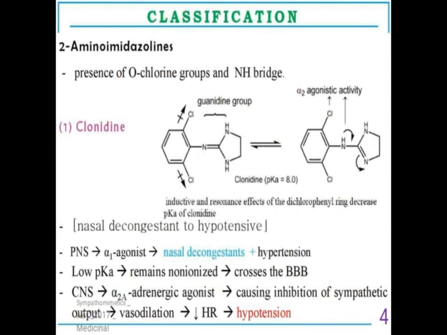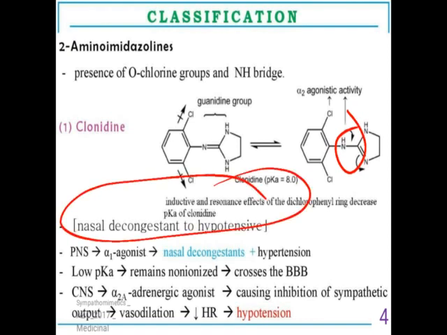Then 2-amino imidazoline. Here you can find clonidine. Clonidine consists of an amine group, so it has more alpha-2 agonist activity compared to alpha-1 agonist activity. It is used as a nasal decongestant. It has a low pKa value, so it remains non-ionized and can cross the blood-brain barrier easily.